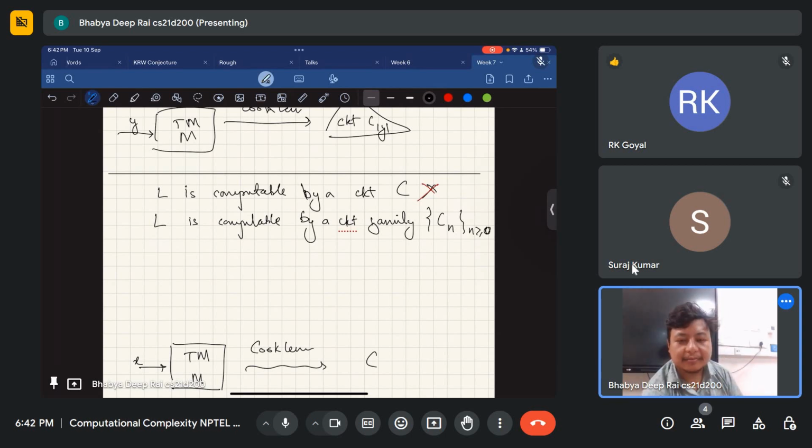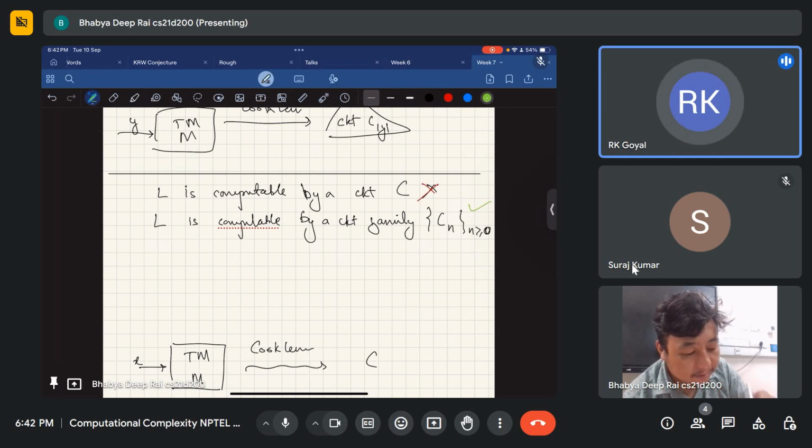So this is what we do, because there may be several circuits which compute the same language but for different inputs.